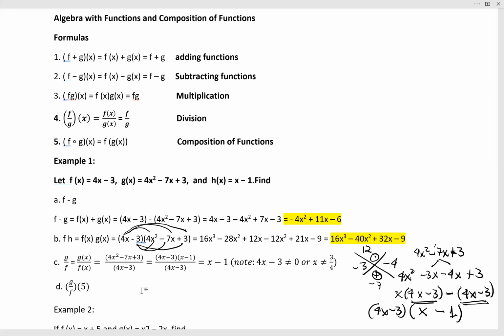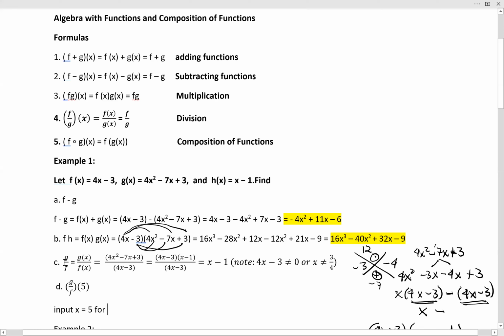That is totally wrong. It means that the input x equals phi in this case, for the function g over f. Okay, g over f of x.